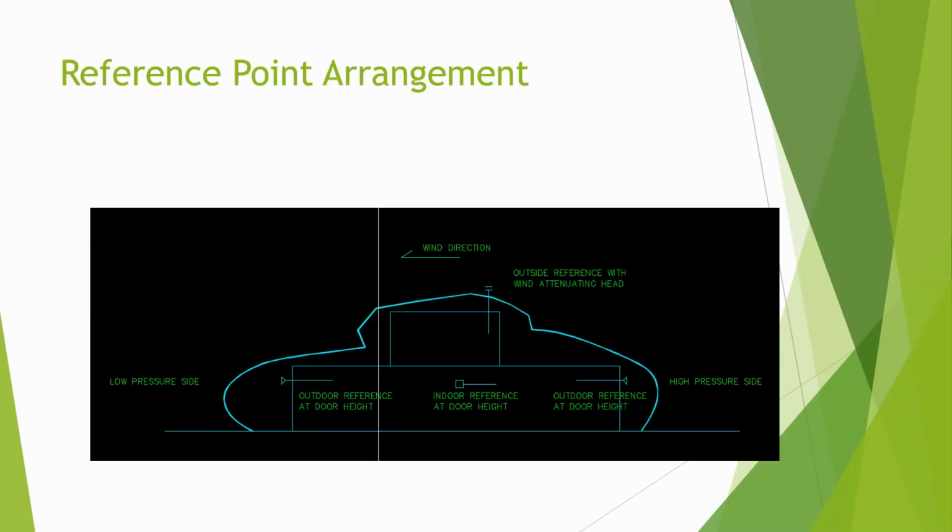So this picture is a picture of a stratification area around a building. And so the wind is blowing from the right-hand side of this picture onto the wall. And so the outdoor reference is in that stratification area. And the stratification of wind on a building is much higher than your static control point.